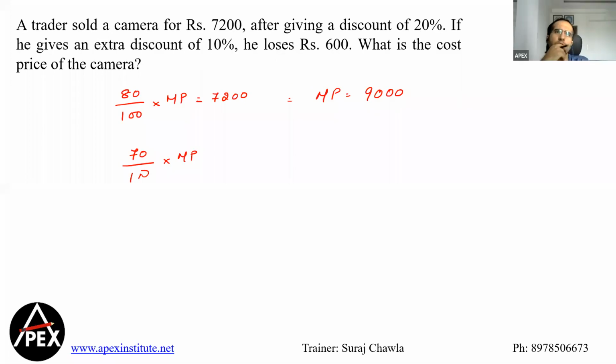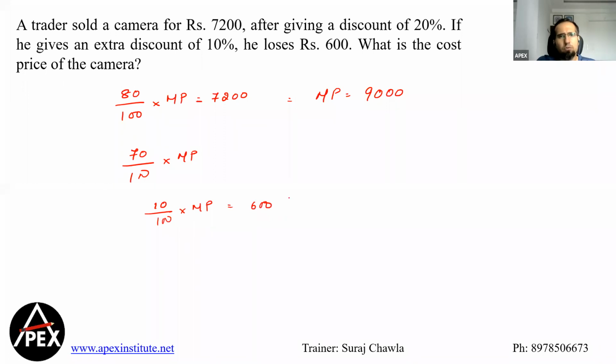There's a small confusion here. Is it a successive discount or an overall discount? Let's see. So the gap between these two is 10% of MP. Can I say it is equal to 600?